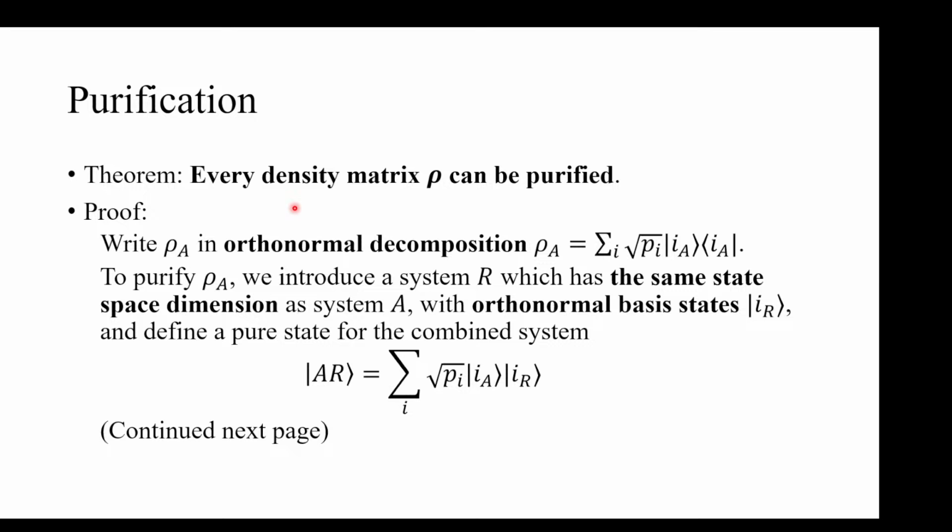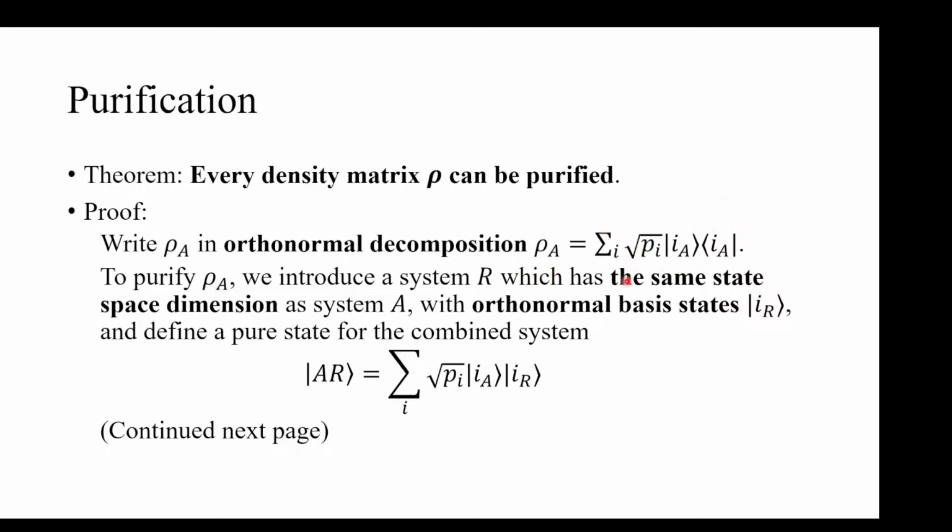We use one of our favorite tools in this course, diagonalization, or the normal decomposition. We know rho A as a density matrix is positive, so it can be unitarily diagonalized, and we write it in this expression.